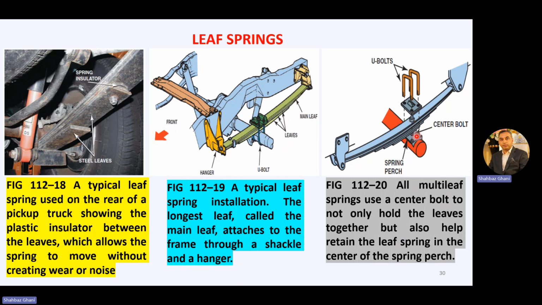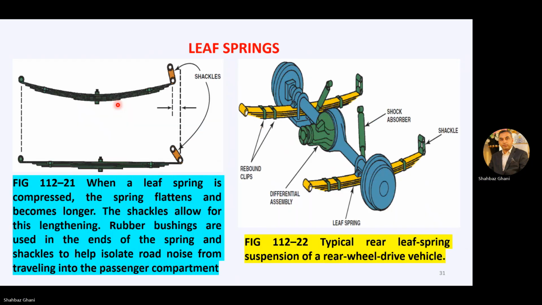This is the center bolt, which is attached along with the rod, having U-bolts here. This is your shackle and this is your hanger. And there is also a fastening bolt here, as we have seen. So see, leaf springs, this is your shackle, this is your hanger.